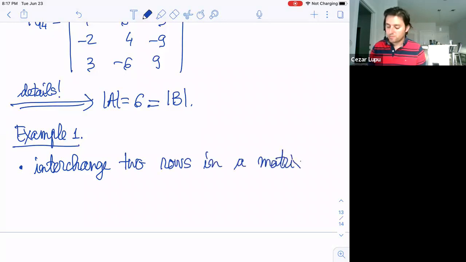So in other words, once I do these elementary operations, I want to answer this question: how will this affect its determinant?